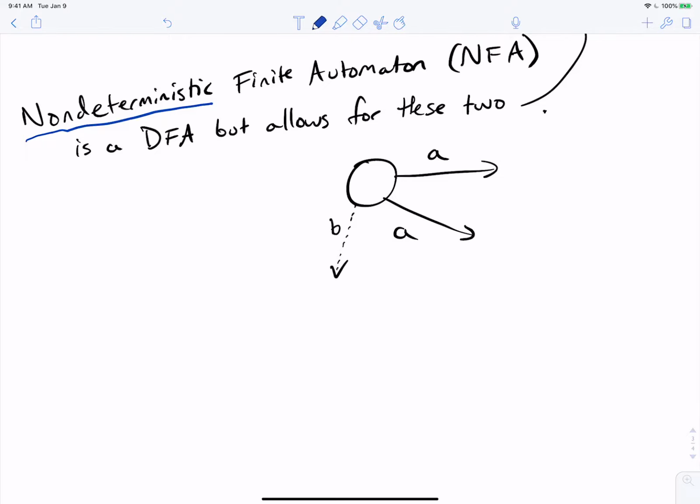So what does it mean? What does non-determinism mean? I guess it's not formal, but it's very precise at least.